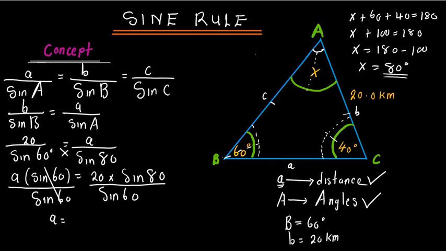Our answer is going to be 22.7 kilometers. So we can finally say that the distance BC, which is represented by letter A, is 22.7 kilometers. And this makes sense.